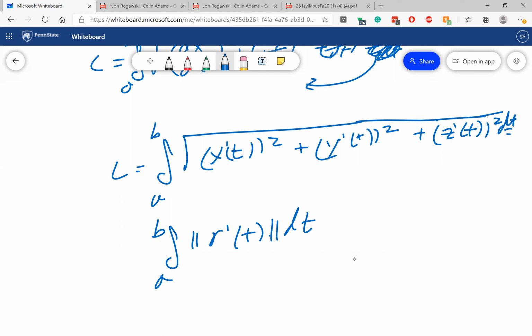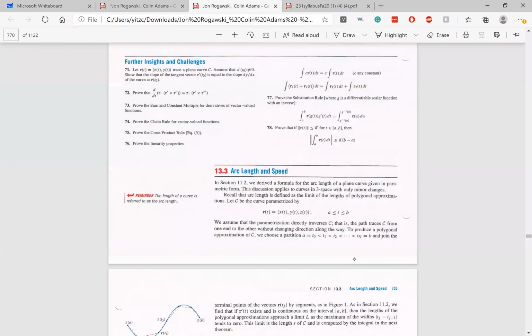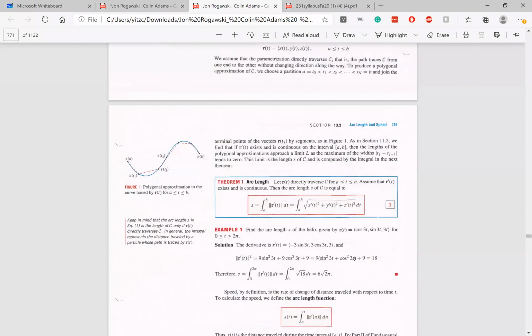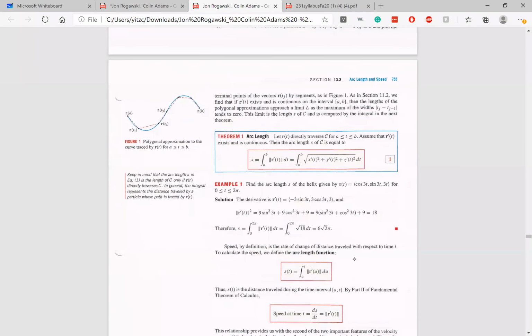The magnitude of r prime of t will give us this square root, and then we get our dt over there. So going back to the text, if we have a curve r of t, then our arc length s is equal to the integral from a to b of the magnitude of r prime of t, or what we wrote out.